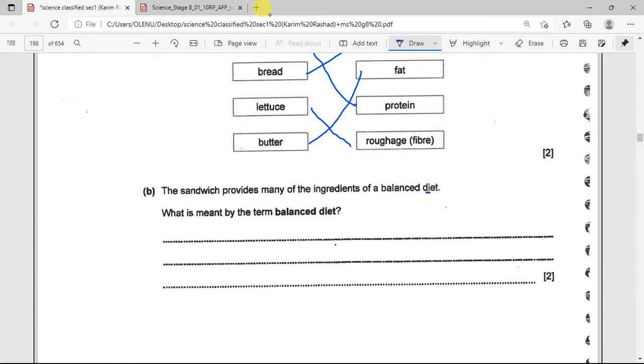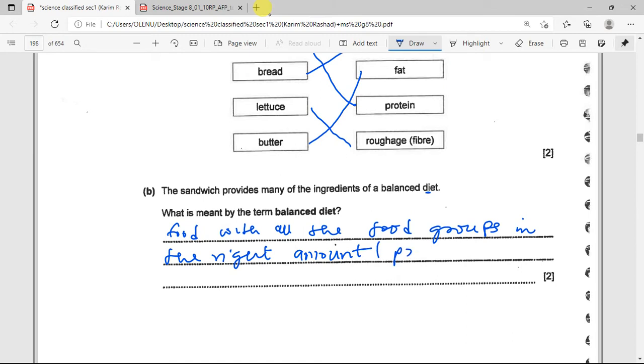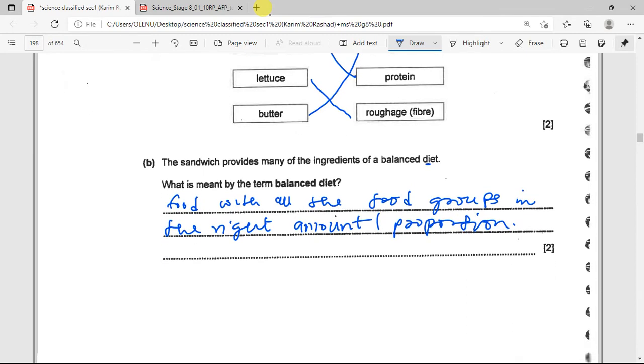That is eating food with all the food groups in the right amount or proportion. So we're done with that.